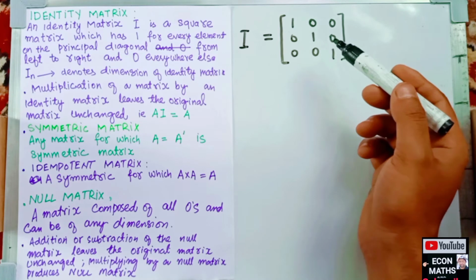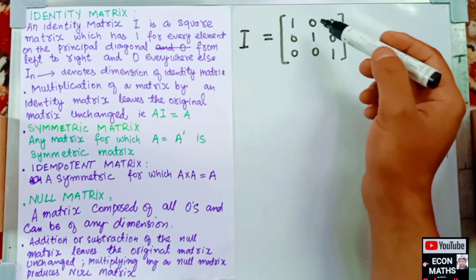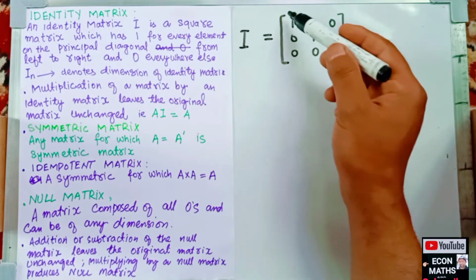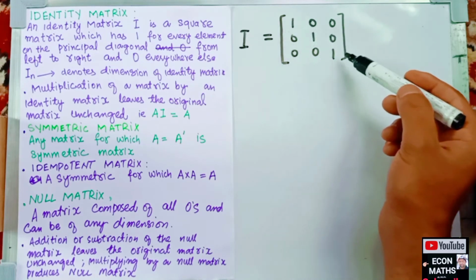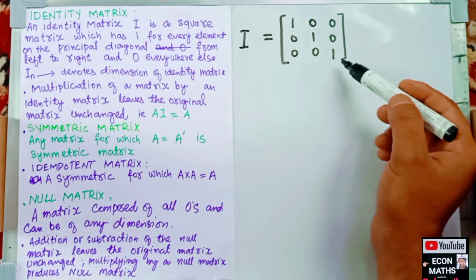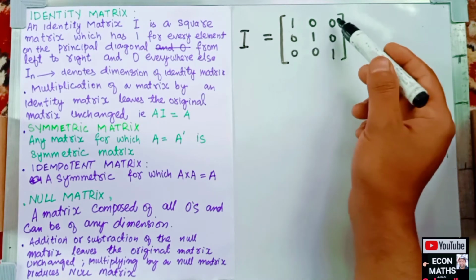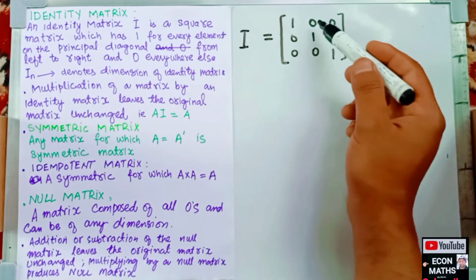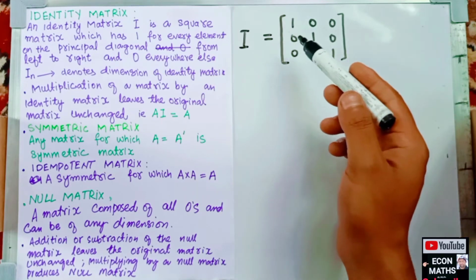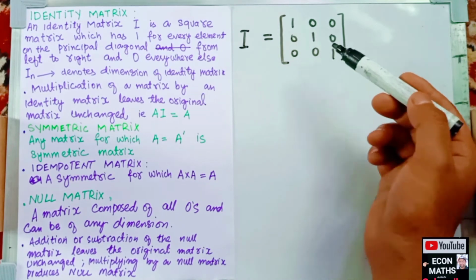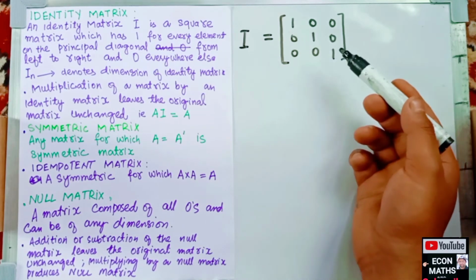In an identity matrix there are only ones on the principal diagonal, and 0 everywhere else. Here we can see there are only zeros except for the principal diagonal where we have only ones. So this is an identity matrix.